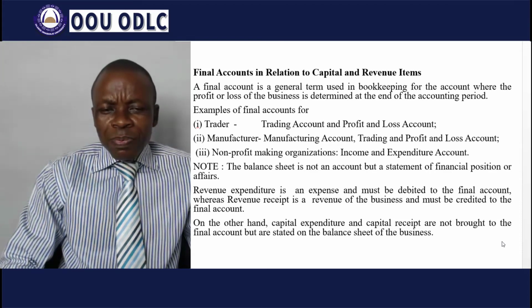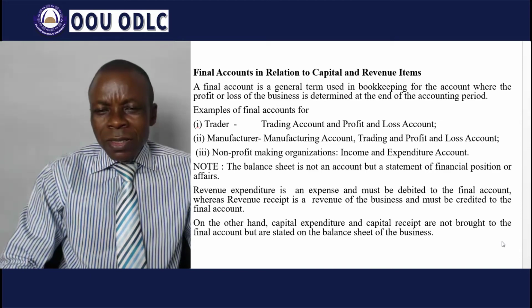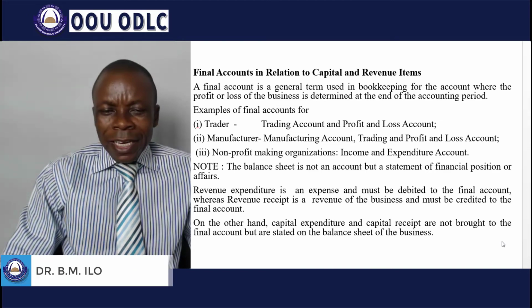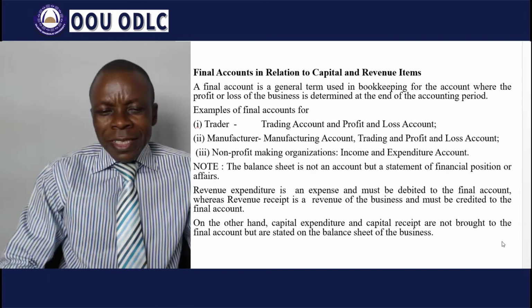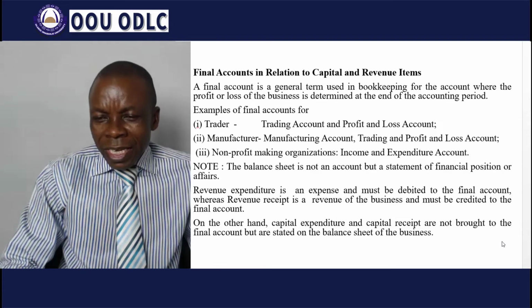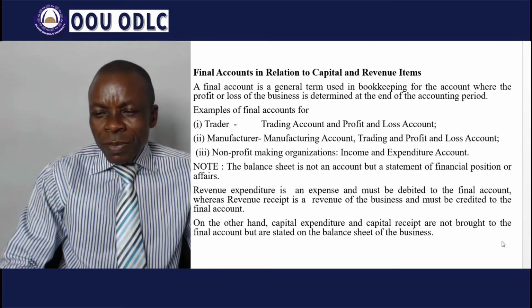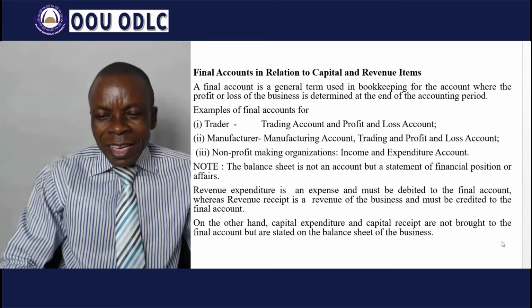But for a non-profit making organization, we refer to its final accounts as the income and expenditure account. Now, it's important that we realize that the balance sheet is not referred to as an account. However, it is generally called the statement of financial position or financial affairs. So you don't refer to a balance sheet as an account.